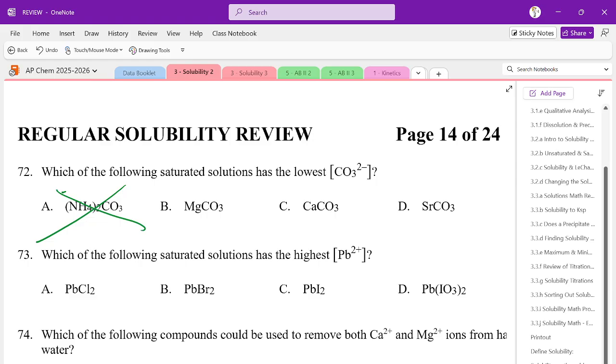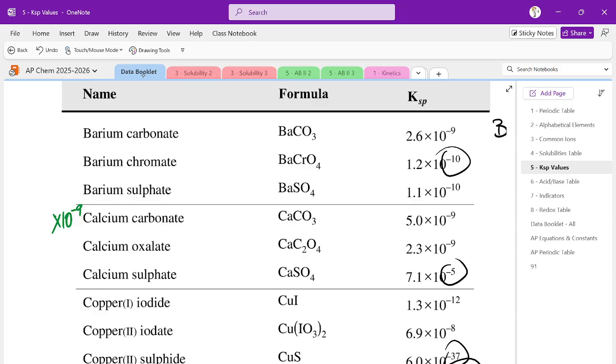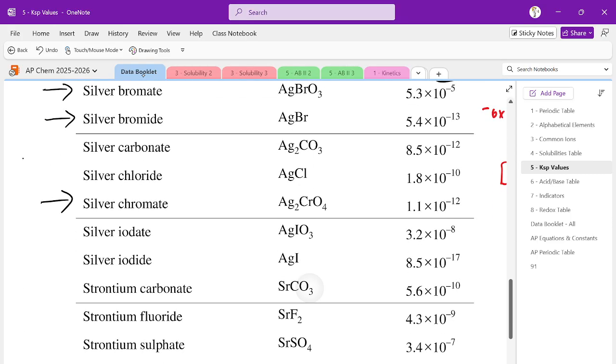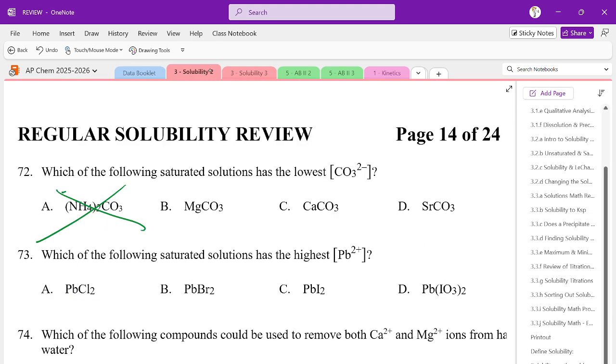Strontium. Strontium carbonate, which is times 10 to the negative 10. So who is the least soluble? Strontium, times 10 to the negative 10. Oh, D, yes, there we go. It has the lowest Ksp.